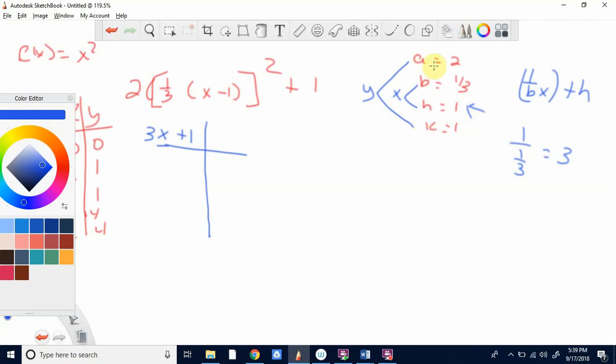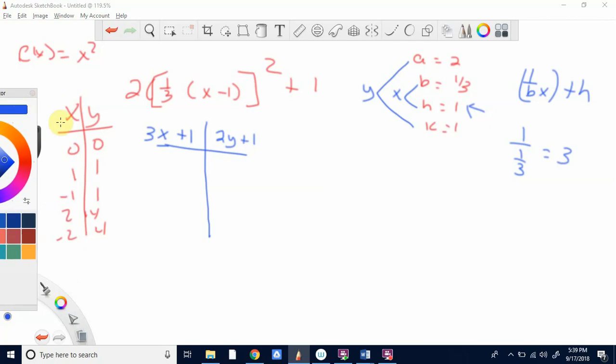Then we have a and k. Remember, a is times y. So what is y? A is 2, so we're going to do 2y plus 1. Now I'm going to take all these values in pairs, make sure they stick together, and put them in these formulas. So you're going to put 0 here. 0 times 3 is 0 plus 1 is 1. 0 times 2 is 0 plus 1 is 1. 1 times 3 is 3 plus 1 is 4. 1 times 2 is 2 plus 1 is 3.